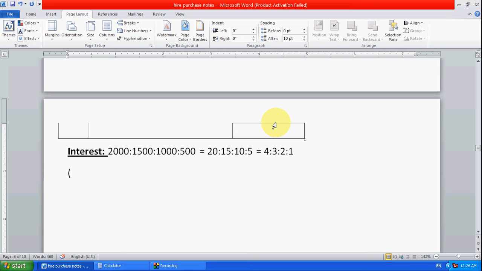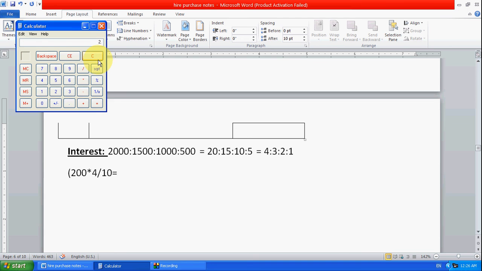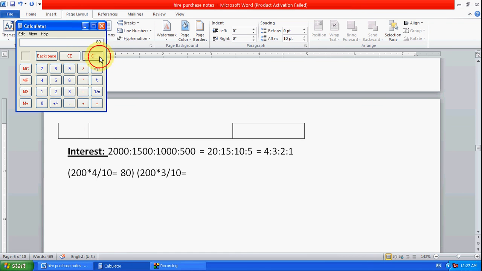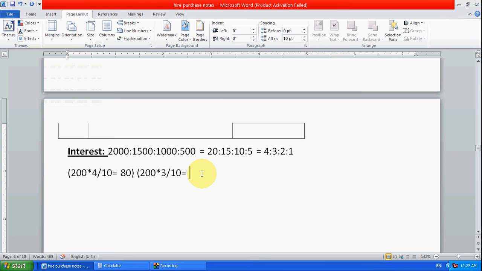So first year: 200 into 4 divided by 10, that is 80. Second year: 200 into 3 divided by 10, it's 60.